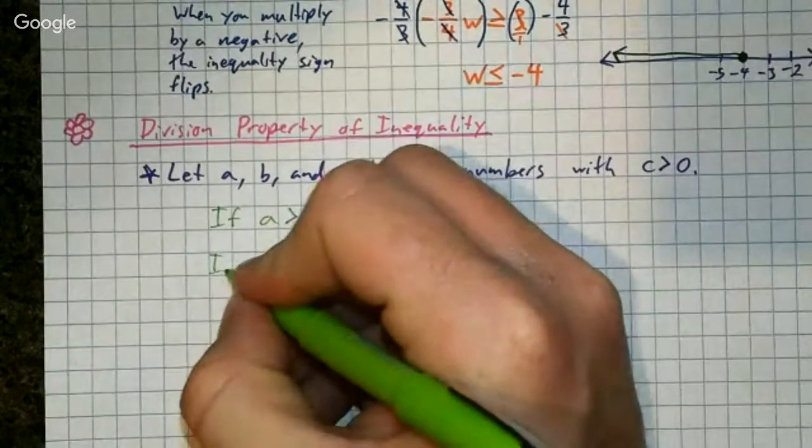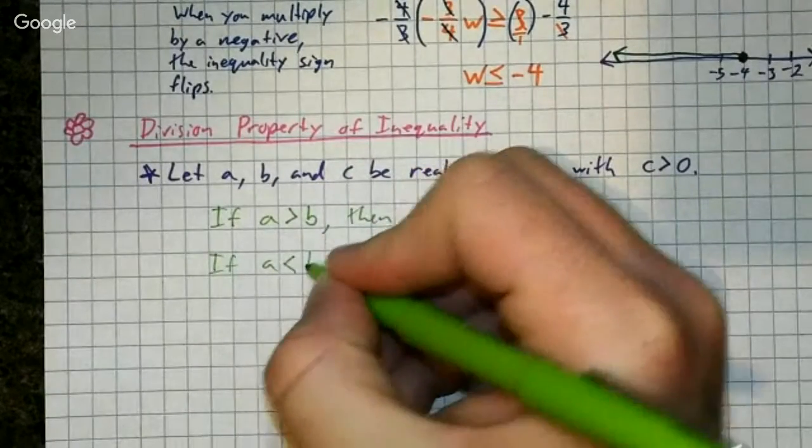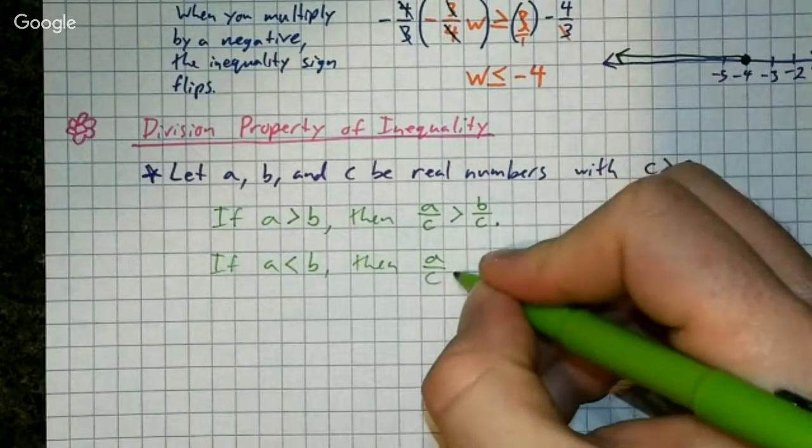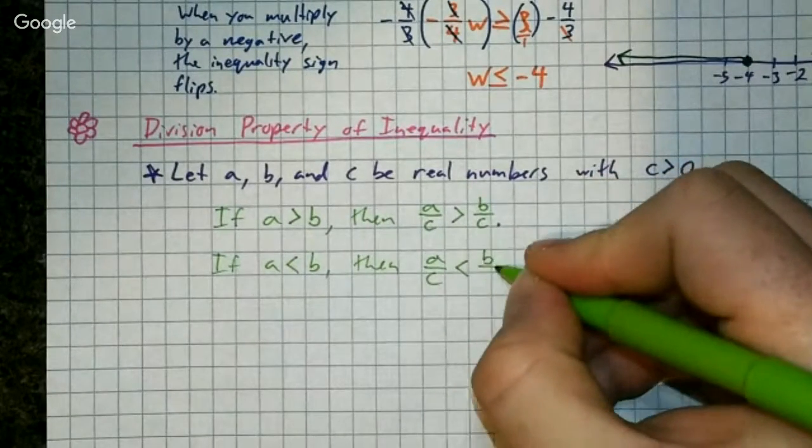Let's take a look. If A is less than B, then A over C is going to be less than B over C.